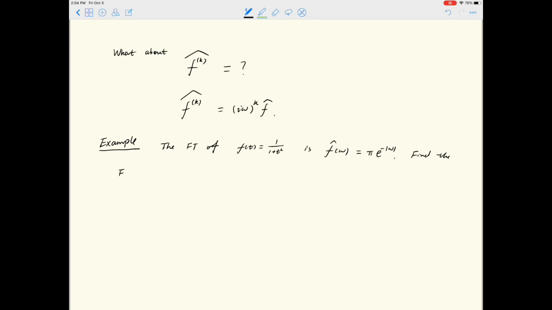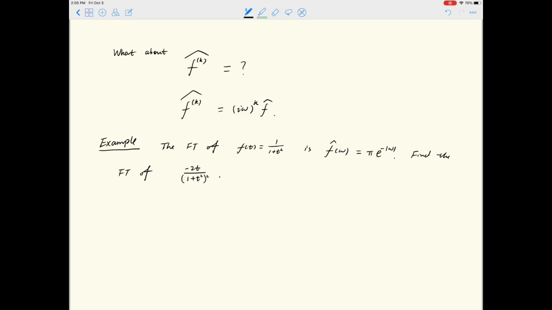Find the Fourier transform of minus 2t over 1 plus t squared. We want to find out the Fourier transform of this new function.